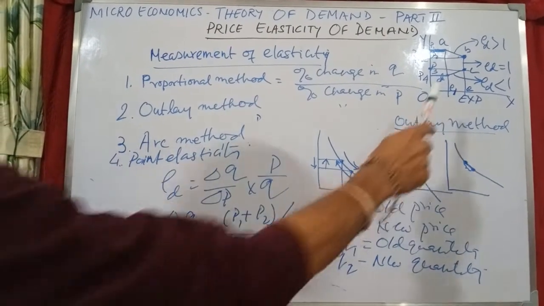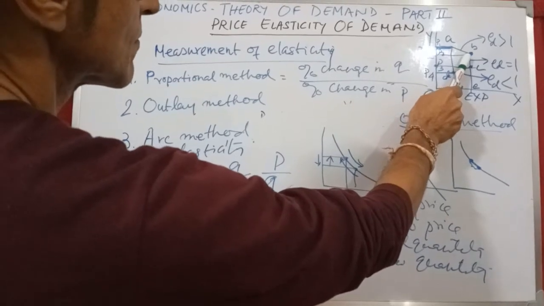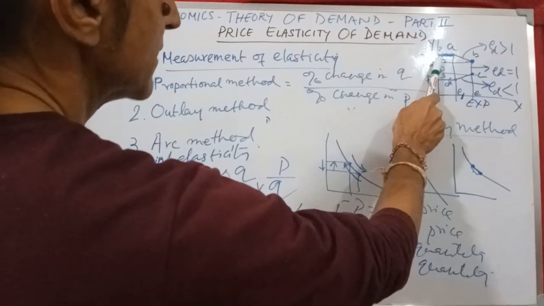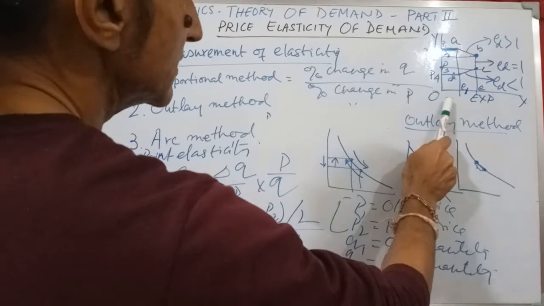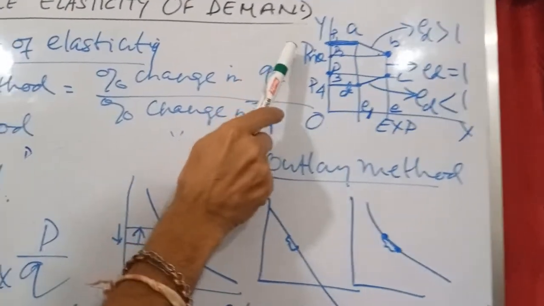And we get a diagram like this, a movement from A to B, that is price is falling, as a result expenditure is increasing. On x-axis we have measured expenditure, and on y-axis we have measured price.